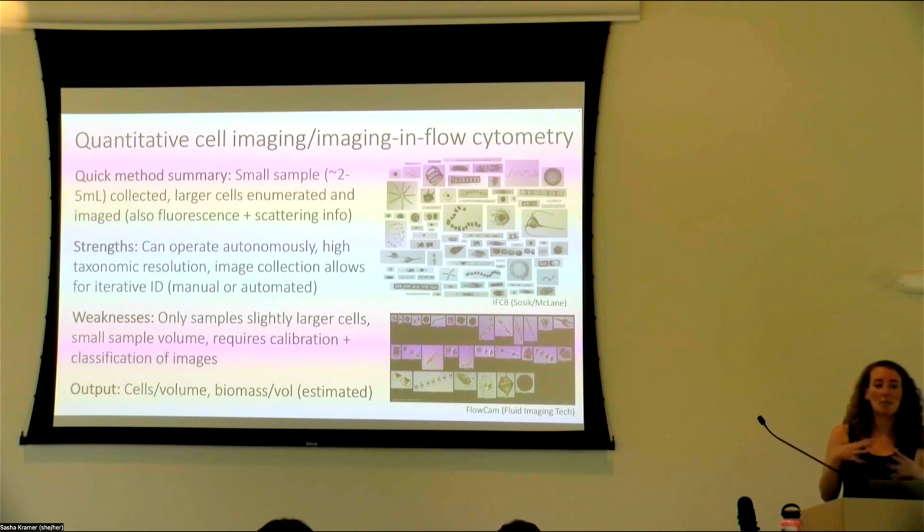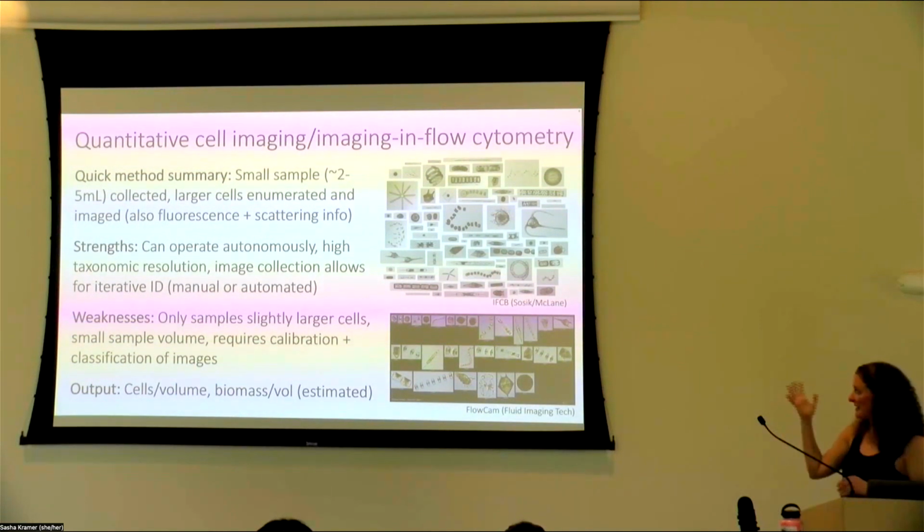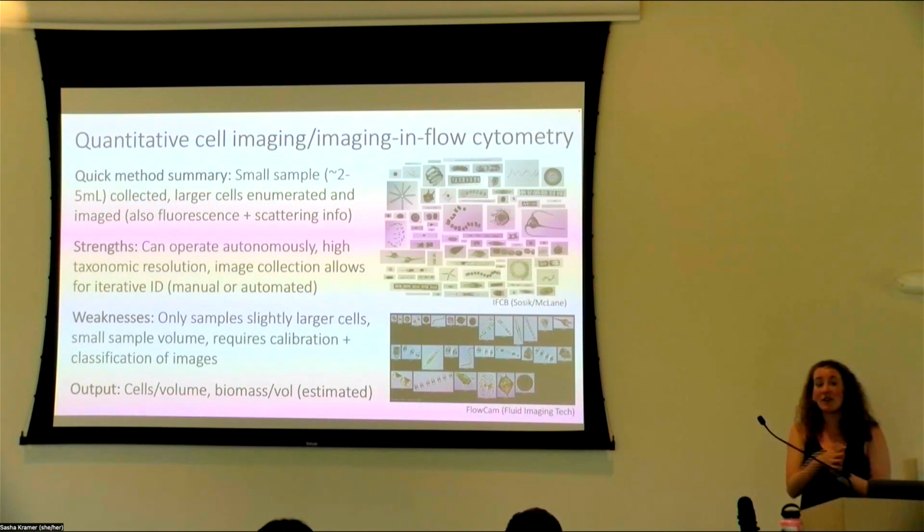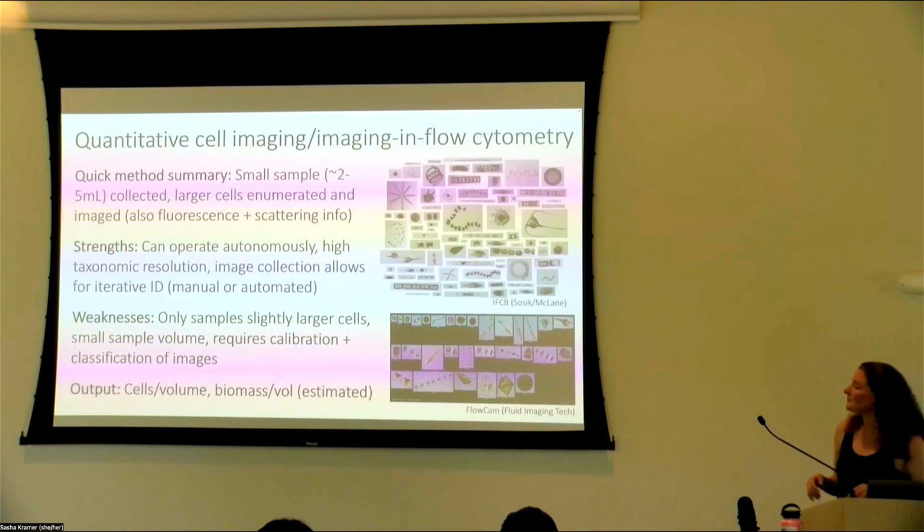Obviously, you need to be monitoring your data quality and making sure that there aren't issues with the instrument, because as I'm sure anybody who's worked with this type of instrument can tell you, sometimes things happen and it can also be a little finicky. But it allows you to be sitting in your lab 30 miles away and pulling up your dashboard online and seeing what's in the water today, and maybe making a decision about if you want to come collect other samples, if you want to come take other measurements, if you want to take advantage of whatever is growing to come do an experiment, something like that.